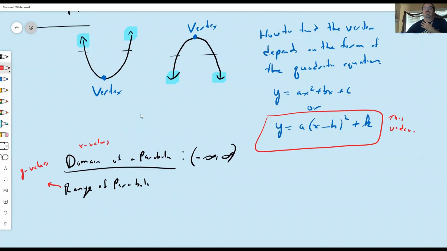Well, if you look at our pictures right here, we either start at wherever this y value is right here and go up to infinity, or you start at the y value here and go down to minus infinity.